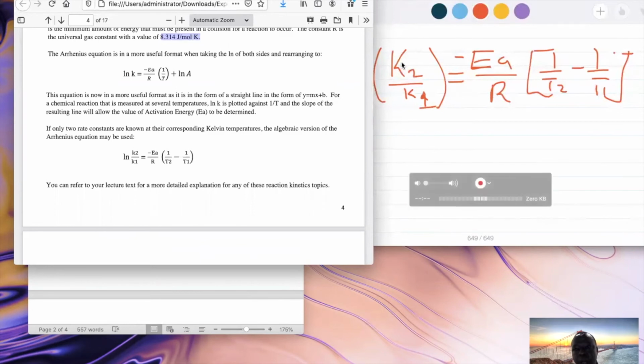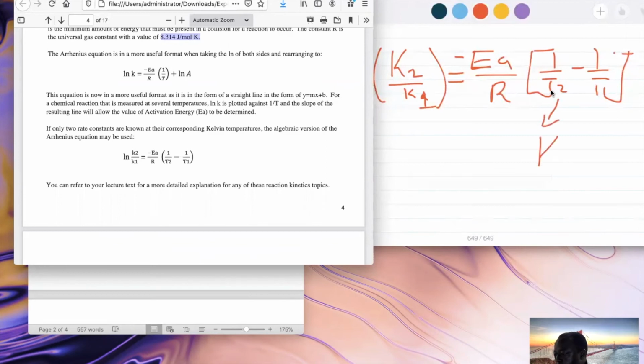This is the rate constant for temperature 2. This is the rate constant for temperature 1. Of course, temperature has to be in Kelvin.